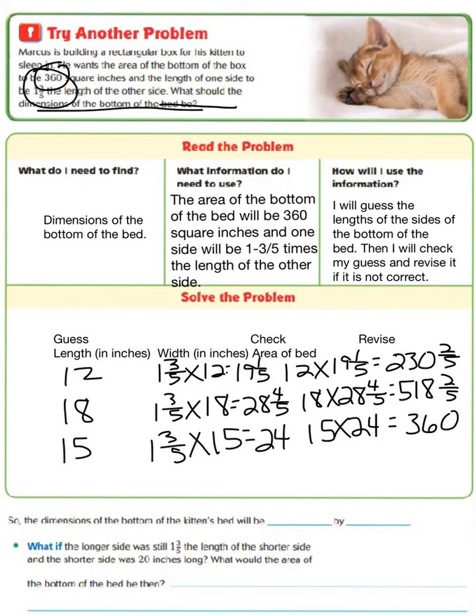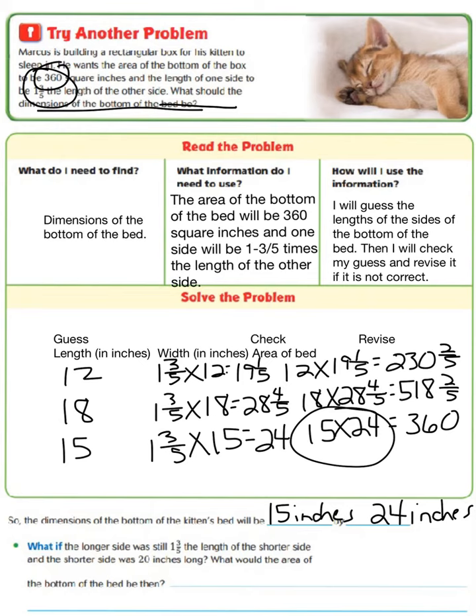So the dimensions of the bottom of the kitten's bed will be 15 inches by 24 inches. And we find that from right here, 15 times 24.